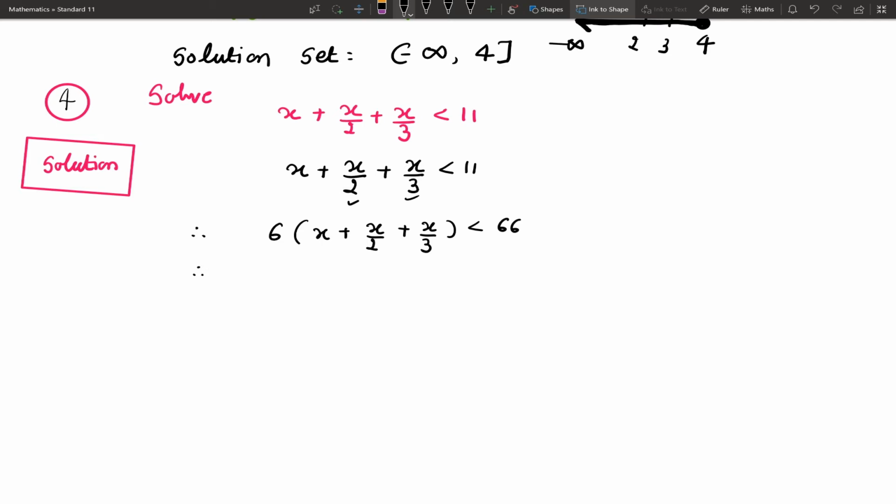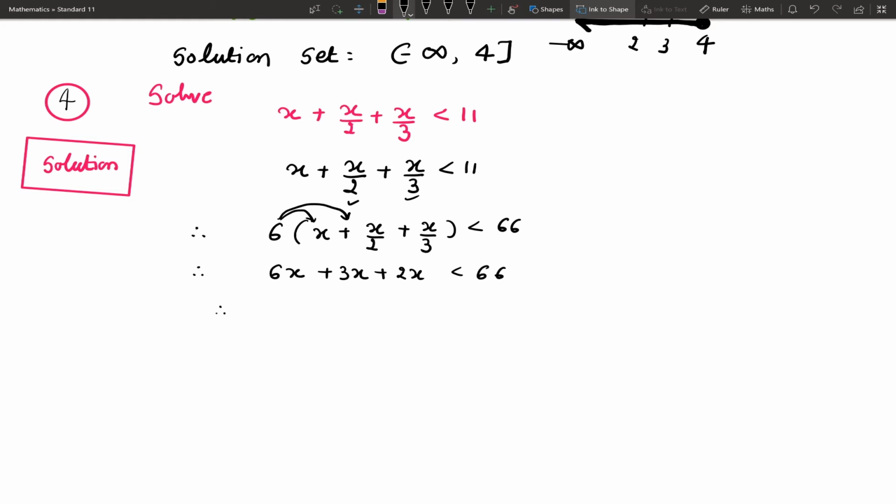Now we simplify this one. So this is 6x, 6 into x by 2, so 2 3s are 6, so 3x, 3 2s are 6, so this is 2x less than 66.